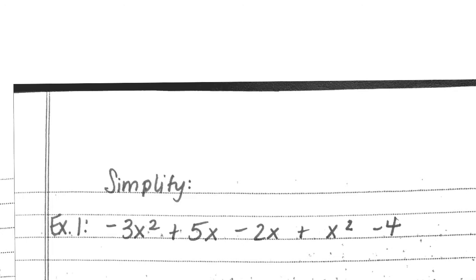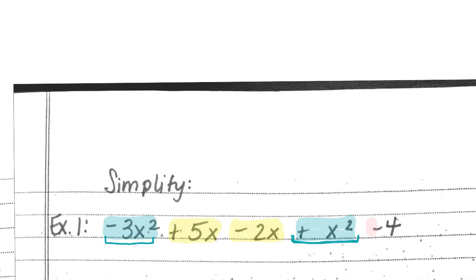So we're going to start off by adding like terms. Let's go ahead and look at example 1. Notice I have a negative 3x squared and an x squared. Notice the sign goes with the term. I actually think I'm going to highlight. I like it better. And then I have a positive 5x and a negative 2x.